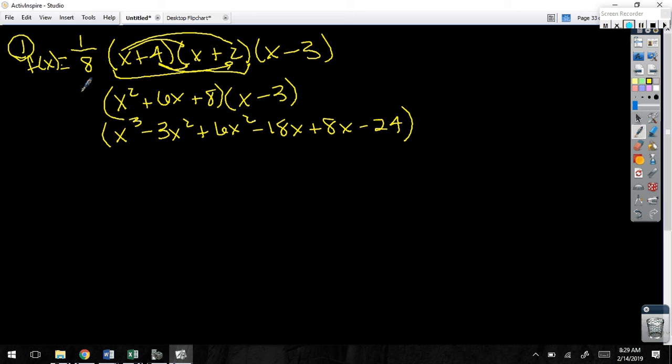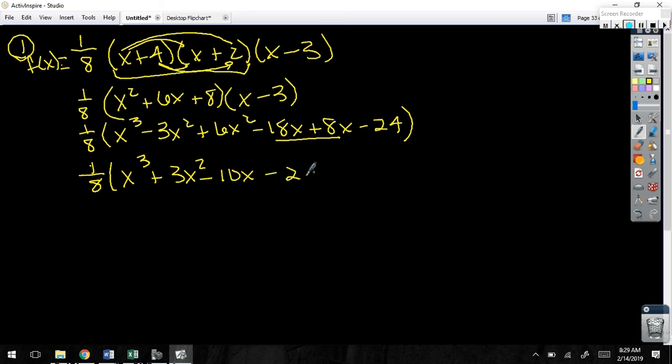Remember, I still have this 1/8 that's sitting out here glaring at me. All right, let's get the like terms together. x to the third plus 3x squared minus 10x minus 24. Yucky, yucky, yucky.